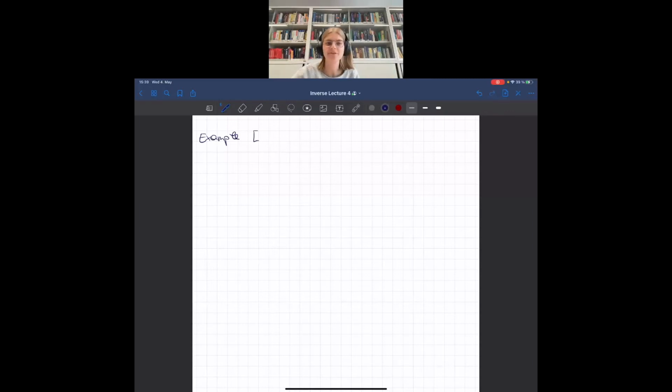We will look at something we call a 4-parameter tomography problem. So let us draw a little picture here.